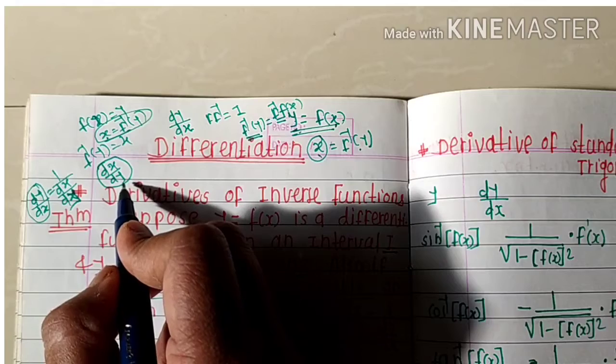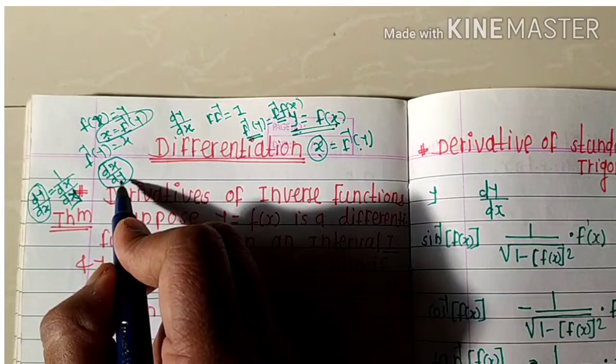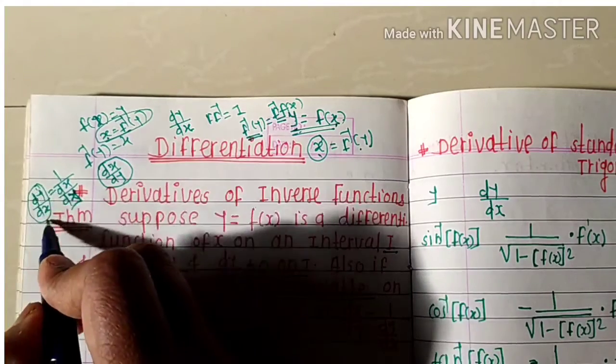From this dx upon dy value, if we take the reciprocal, we get dy by dx.